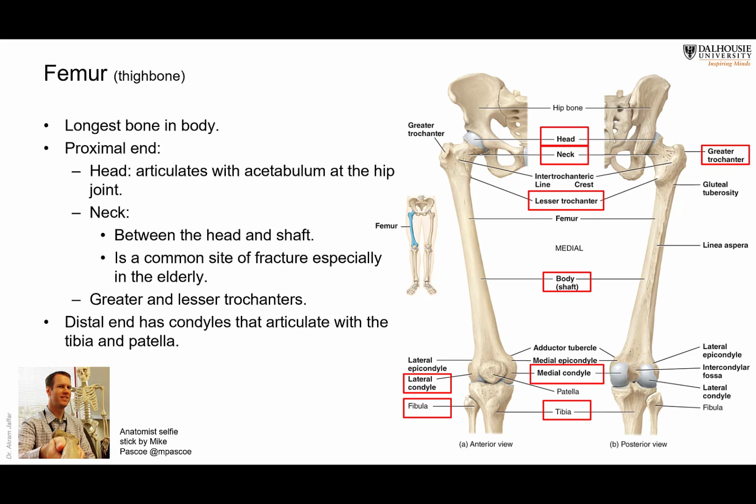The problem here is that the head of the femur receives most of its blood supply from the area distal to the neck. So the blood comes from here, from this region. So if the neck is broken, then this will endanger the blood supply of the head of the femur and results in death of the head of the femur.